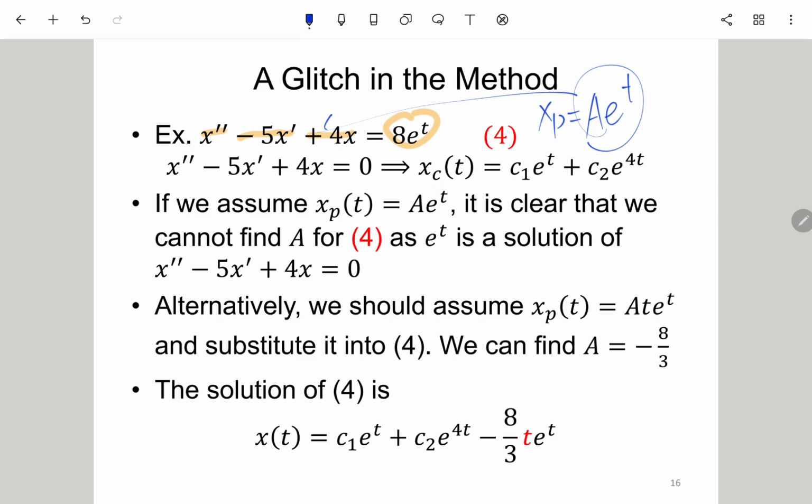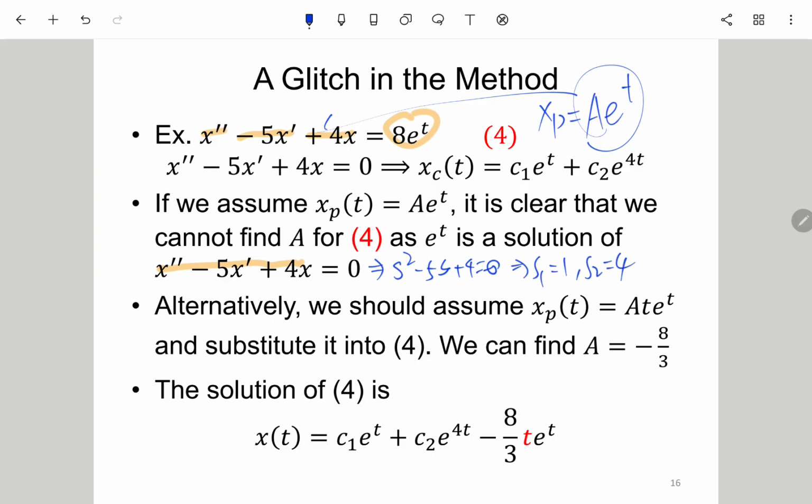The reason is that, first, of course, you need to solve for the homogeneous equation. For this case, the characteristic equation is s squared minus 5s plus 4 equals 0, which means s1 is 1 and s2 is 4.